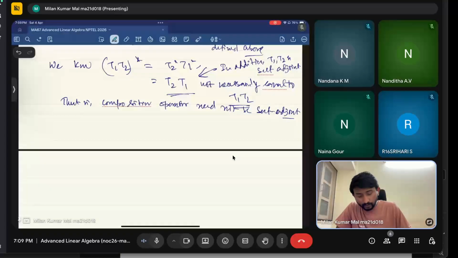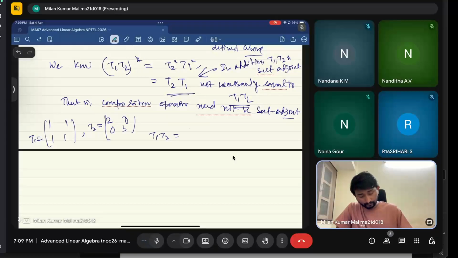I can give you an example. 1, 1, 1. This is self-adjoint, right? This matrix is self-adjoint, and let's take 2 and 3. This is also self-adjoint. This is T1. This is T2. Then let's check what T1, T2 is.